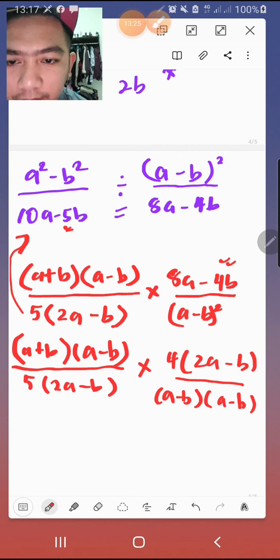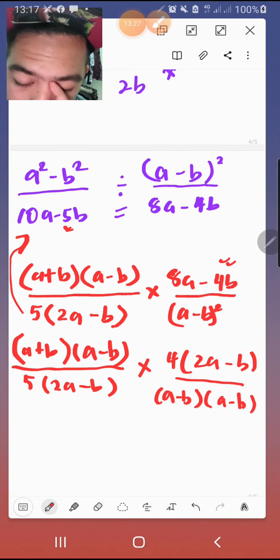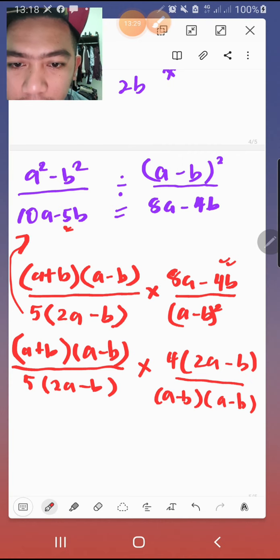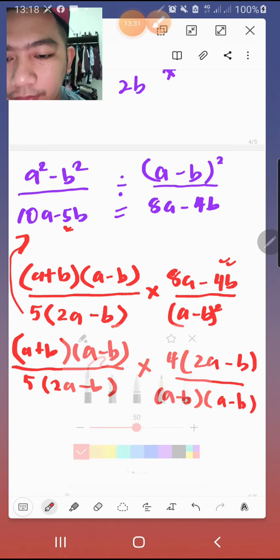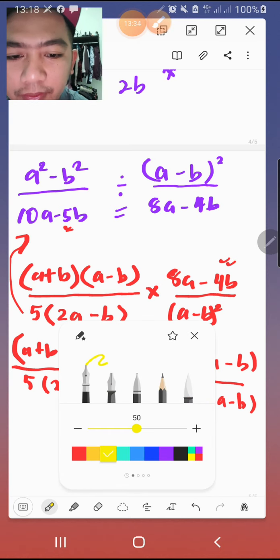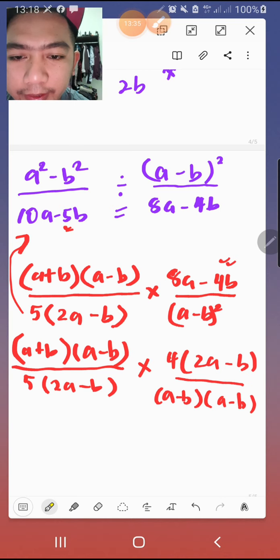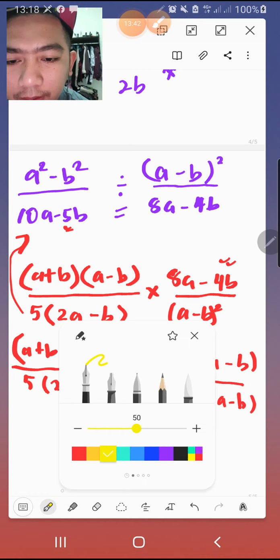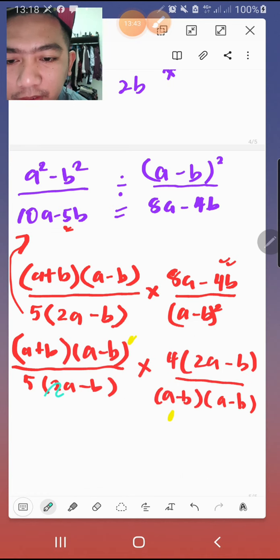So try to factorize, find the similar terms or algebraic expressions. Make sure when you simplify, when you try to eliminate this part with this part, and then when you eliminate this part, you should eliminate with this part.